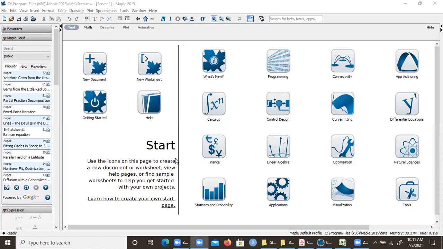This particular software is not a statistical software. It's a mathematical software which can perform different types of operations.